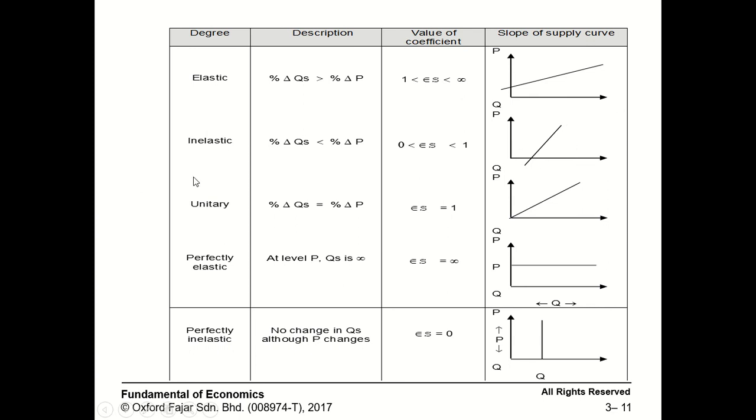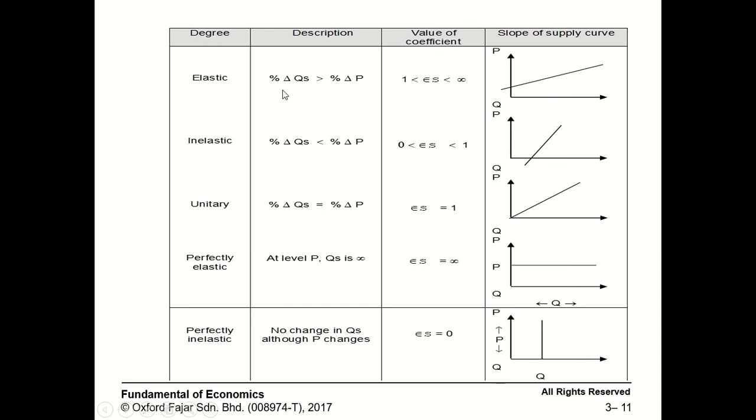Now, in contrast, elastic means your answer is bigger than 1. Okay, let's say 2. So how do you read 2? 2 means that a 1% increase in price will lead to a 2% increase in quantity supplied. Therefore, you can say that the percentage change in quantity supplied is bigger than the percentage change in the price.